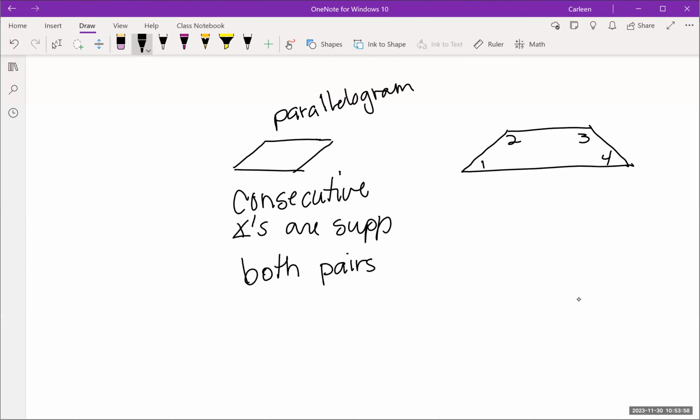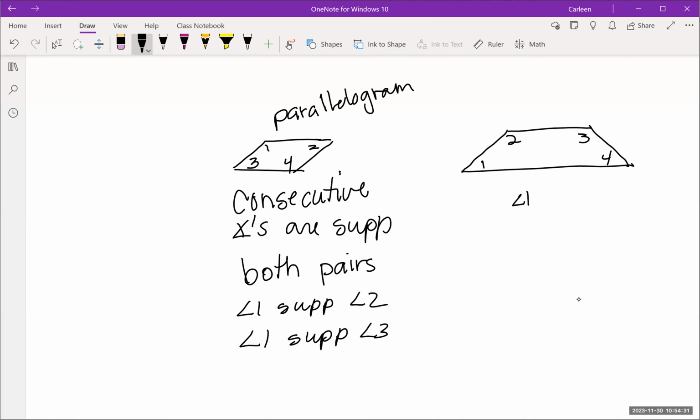So if it's a parallelogram, angle one is supplementary to two, and one is also supplementary to three. Okay, because parallelograms have two pairs of parallel sides. Trapezoids only have one pair.